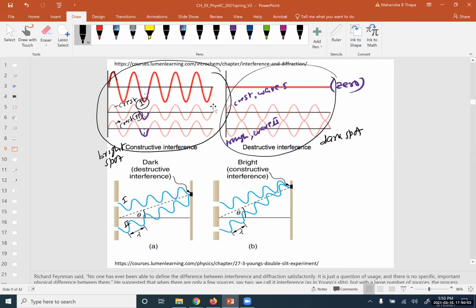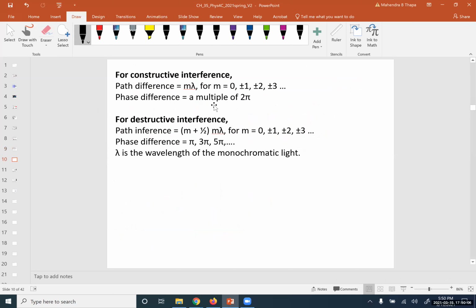Okay, so this is the condition for constructive and destructive interference. For constructive interference, the path difference could be 0, it could be lambda, 2 lambda, 3 lambda, or it could be minus lambda, and so on.